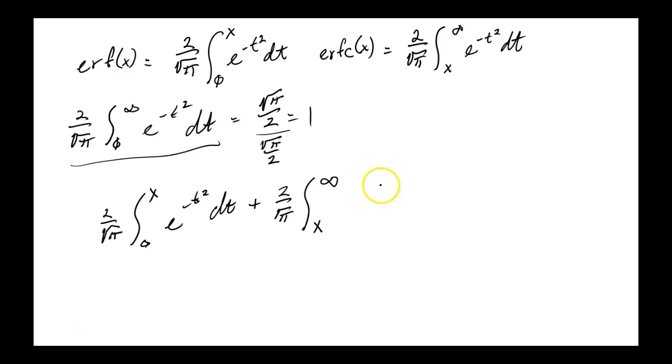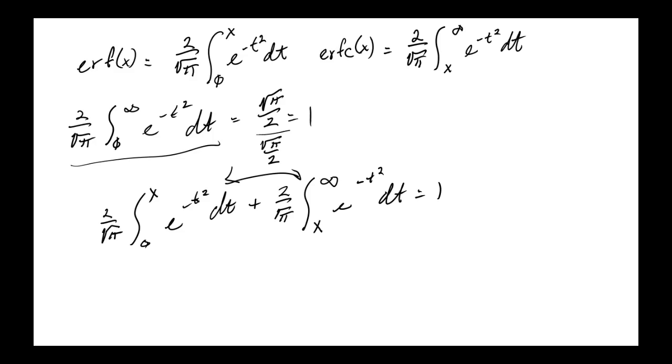So that integral of e to the minus t squared dt is equal to 1, because it's equal to 1 up here, and we've split it into two pieces. That's why they're called complementary. This one completes that one, and they complete each other to make a total of 1. All right.